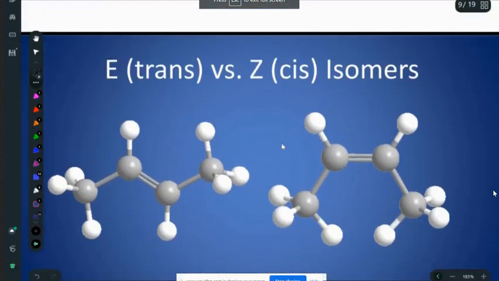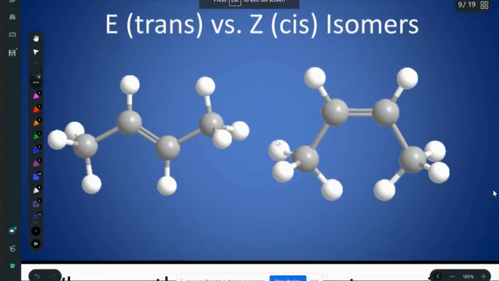Okay, so here's the most basic example. This would be 2-butene, and it turns out for 2-butene, because I can't rotate around the bond, it makes a difference whether my 2 methyl groups are next to each other or whether they're across from each other. So this is a kind of isomerism.